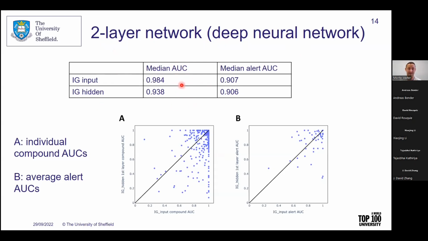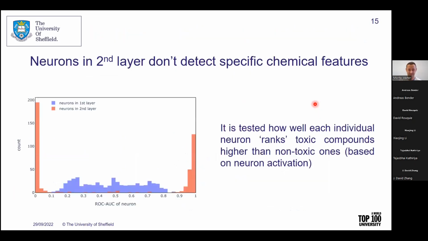And the scores we get here are very comparable to what we've seen before. On individual compounds, IG input may have a higher median AUC, but if you look at alerts, they are very comparable, and it's different sets of compounds and alerts where each method outperforms the other. So this was just applying the method to the first hidden layer.